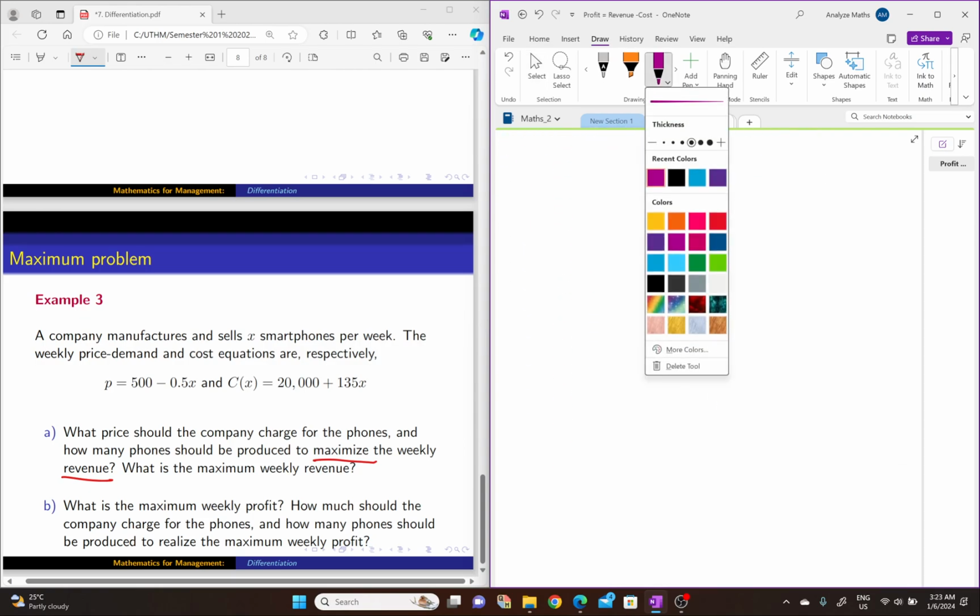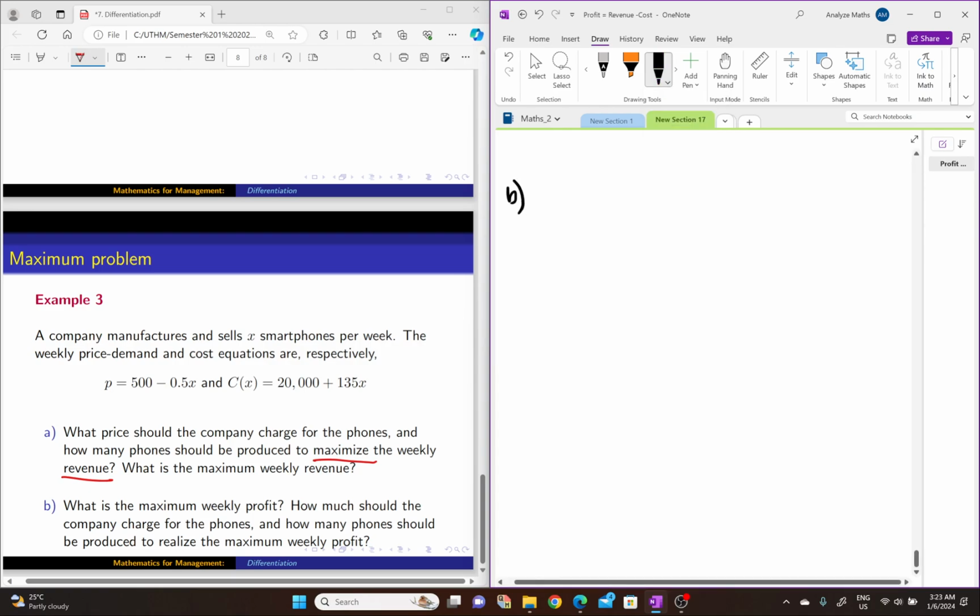Now B. Now they want the maximum profit. So maximum profit.